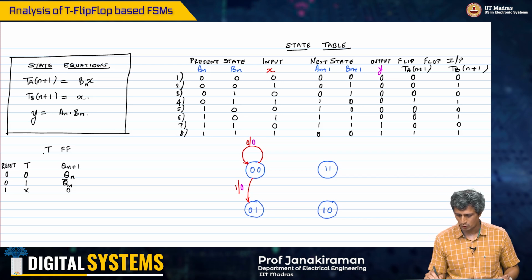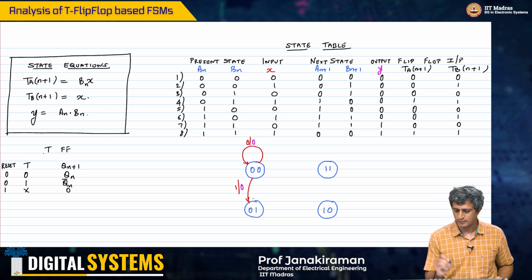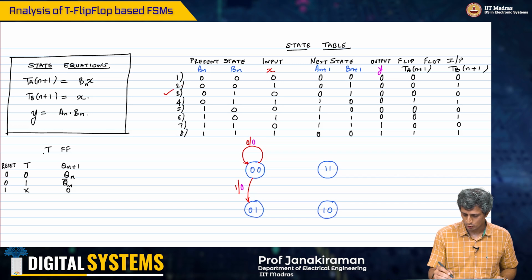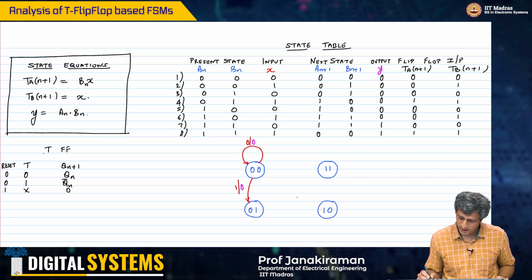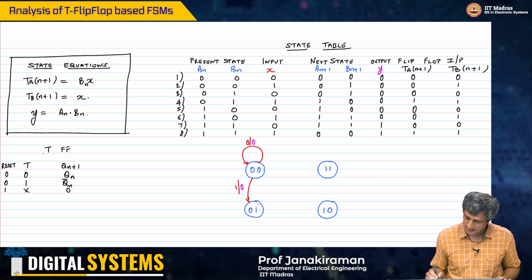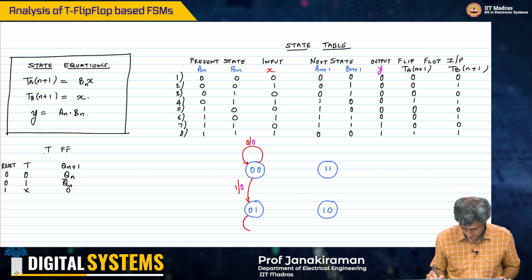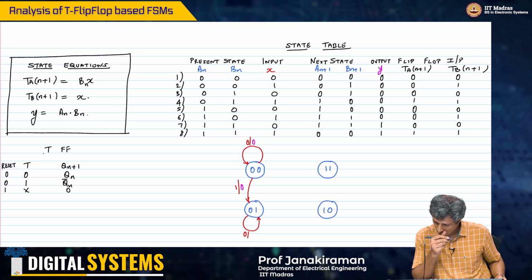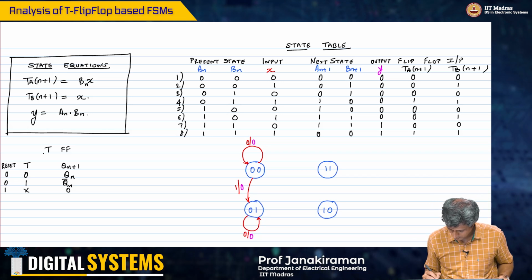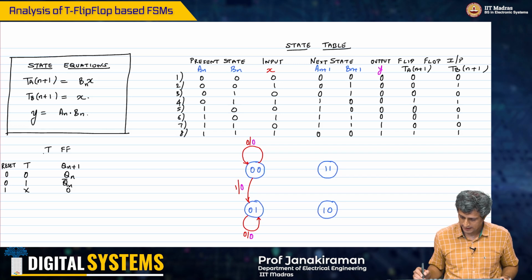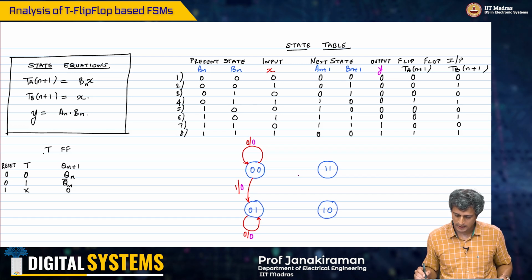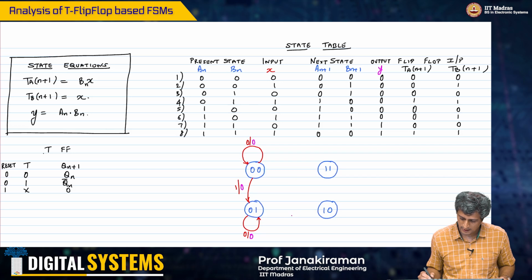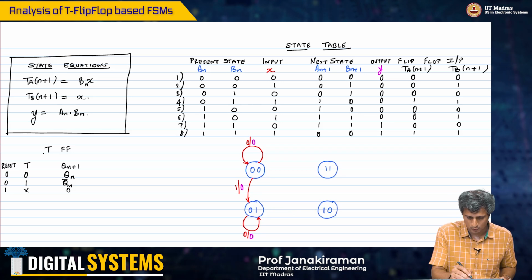So if I'm at 0 1, which I'm now analyzing row 3. If I'm at 0 1, input is 0, then I just remain at 0 1 and output happens to be 0, right? Then I come to 0 1 and the input happens to be 1, then I go to 1 0.